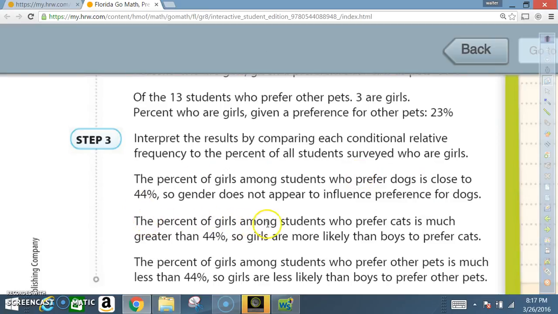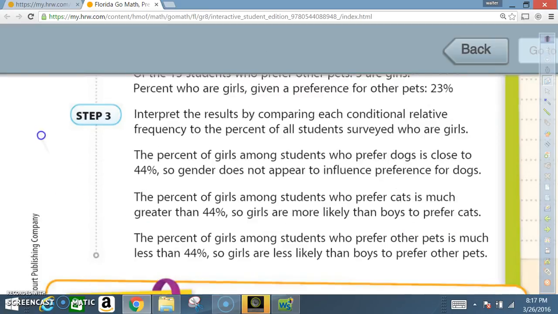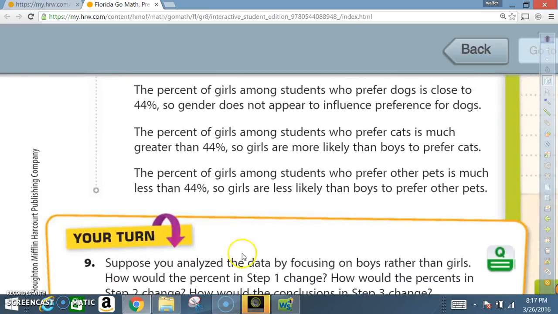The percent of girls among students who prefer cats is much greater than 44%. So girls are more likely than boys to prefer cats. The percent of girls among students who prefer other pets is much less than 44%. So girls are less likely than boys to prefer other pets.